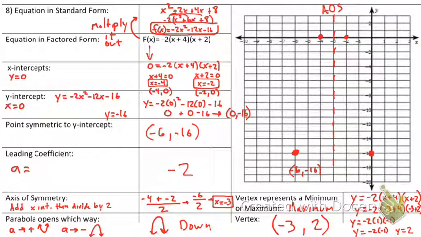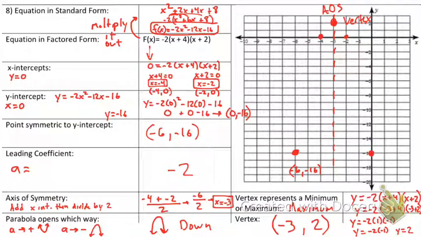I'm actually going to plot that point so that you should see that the vertex should be on the axis of symmetry. If it's not, you did something wrong. So it's negative 3 comma 2. So negative 3 comma 2 is here. And there's my vertex, which is also called the maximum point.